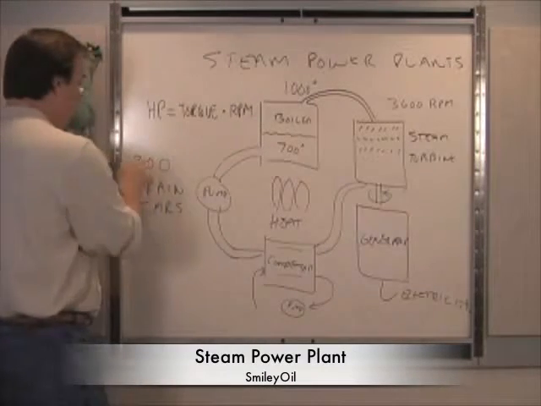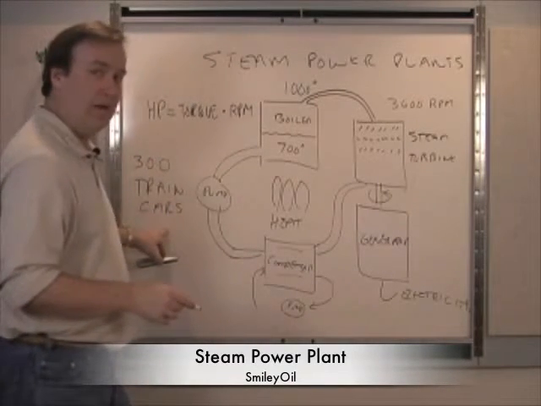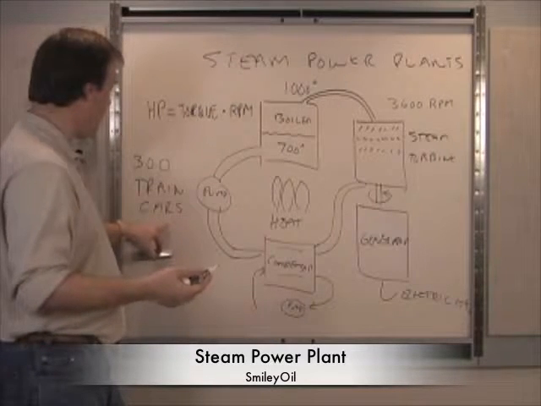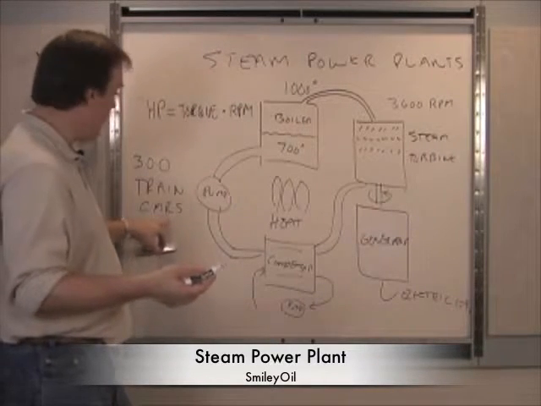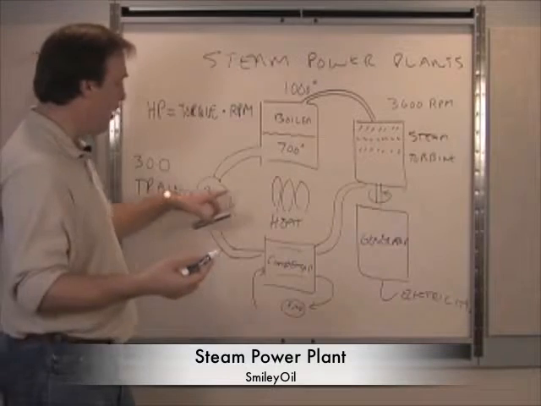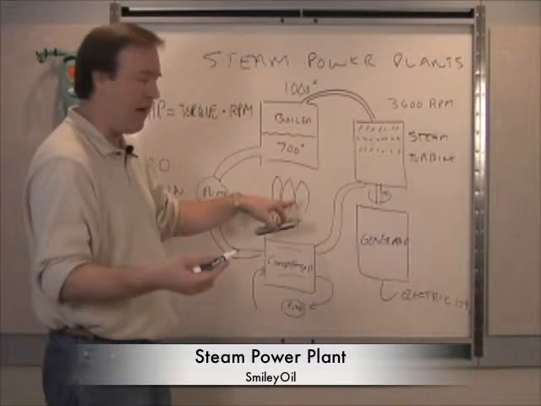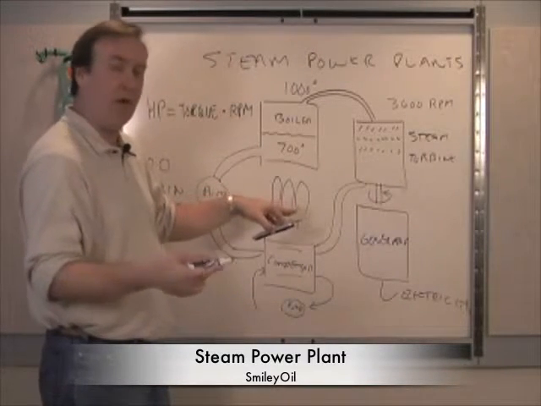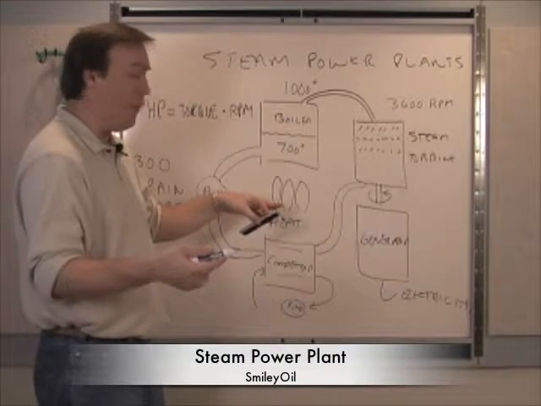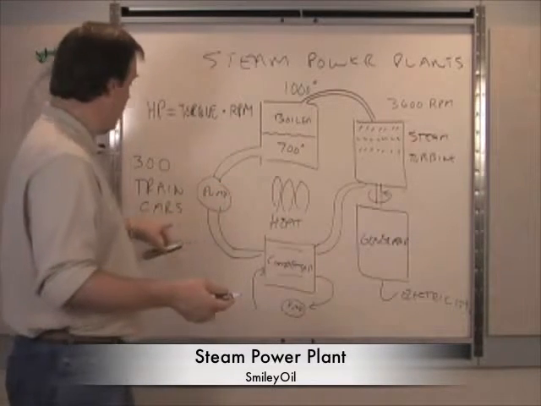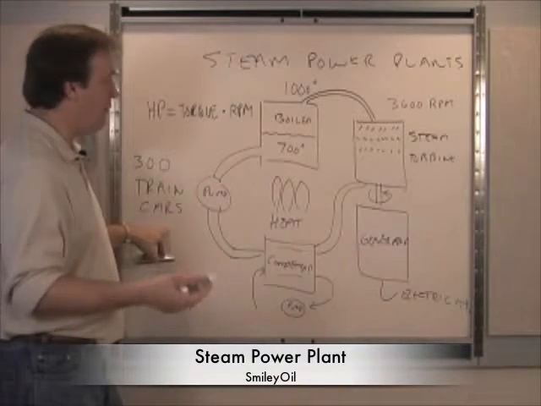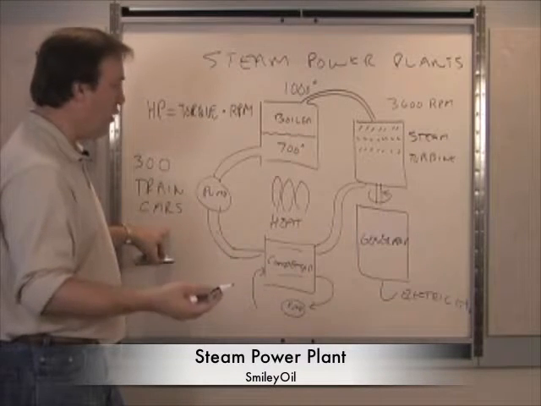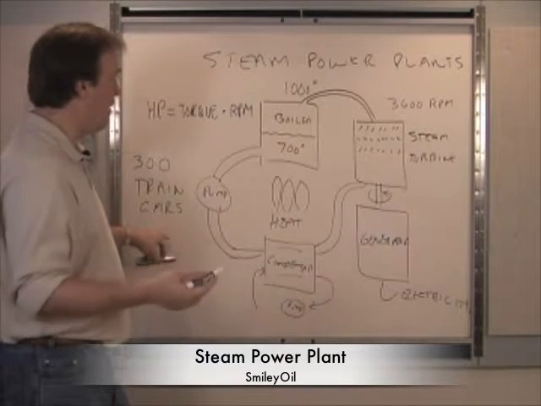So this is a massive amount of CO2 that's going into the atmosphere. Every single day, 100 to 300 train cars are being burnt by every one of the coal power plants. Coal power plants are about 1 gigawatt, and we need 10,000 of these. So it is a considerable amount of coal being consumed by coal power plants.